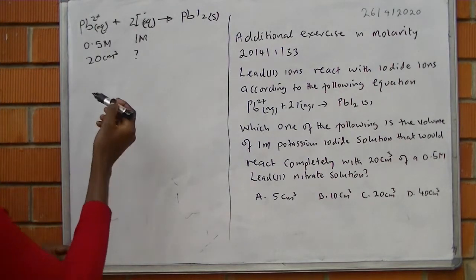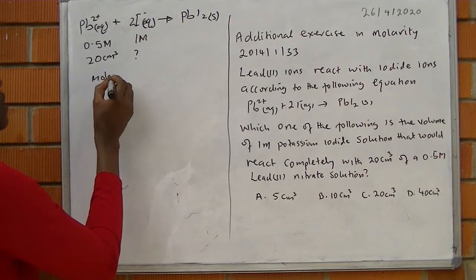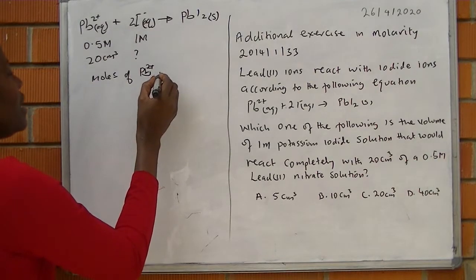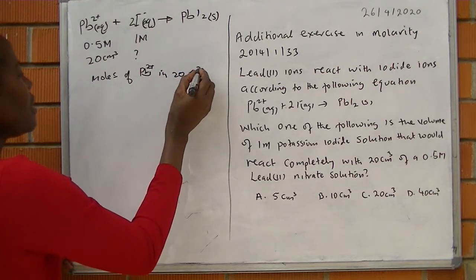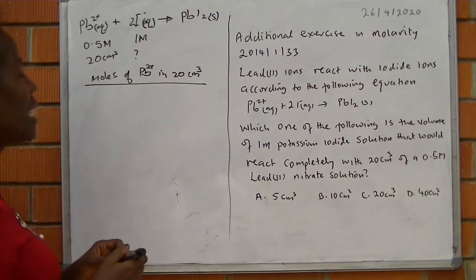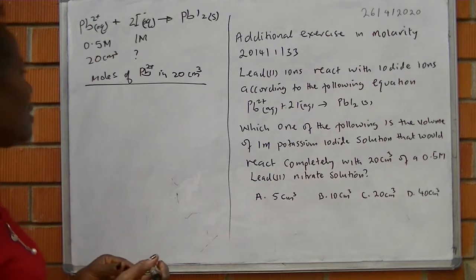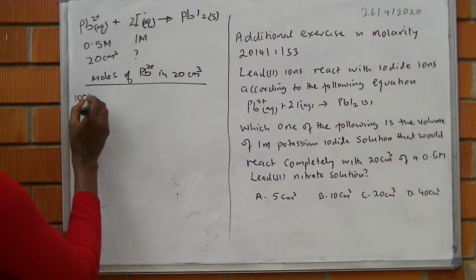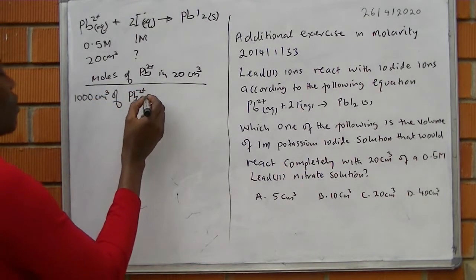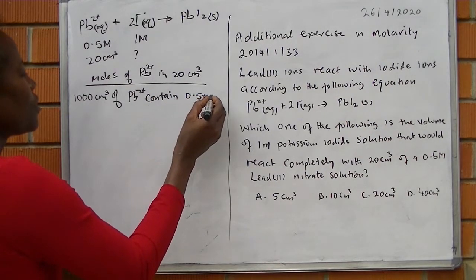So I told you to begin with the side that is having molarity and volume. And then you tell the examiner the moles of lead 2 ions in 20 cubic centimeters. Capital M, remember I told you capital M means molarity, and the molarity is the number of moles contained in 1,000 cubic centimeters. So 1,000 cubic centimeters of lead ions contain 0.5 moles.